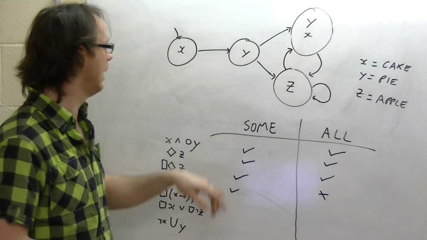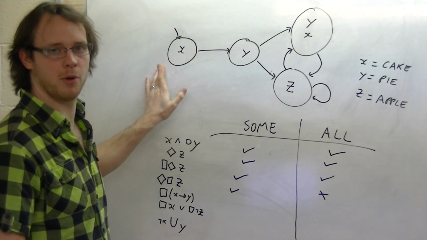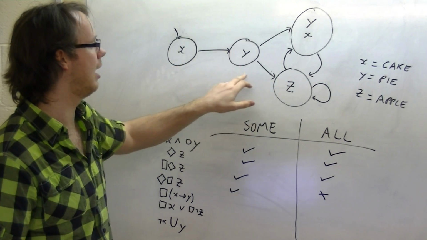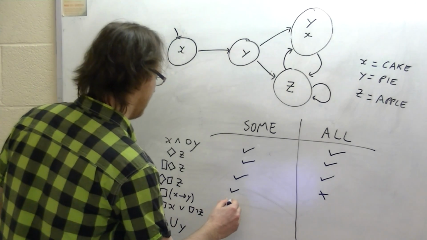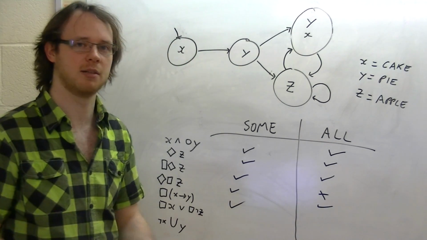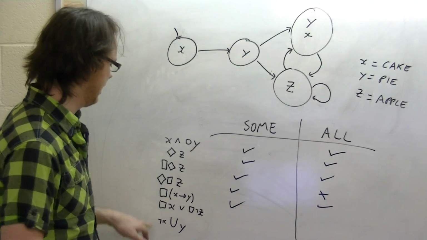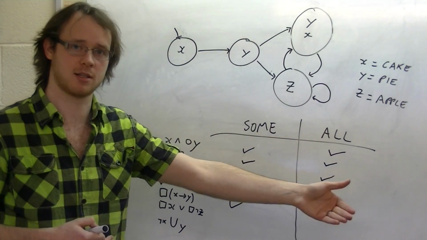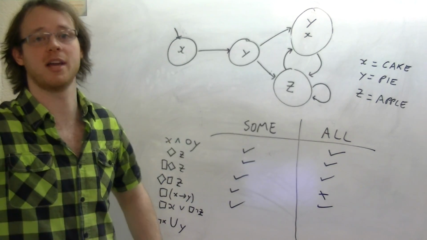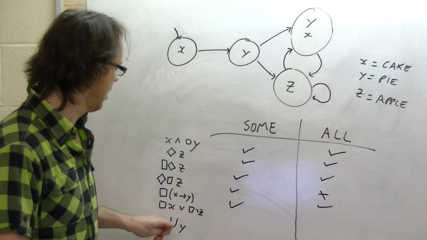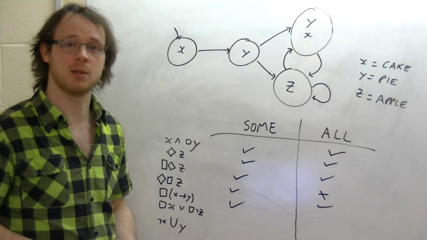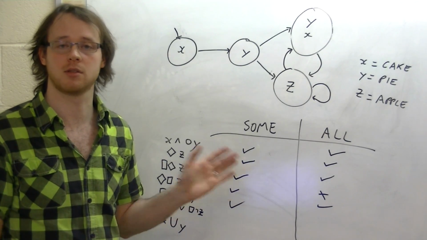Again, forever, and this is true in all paths because x implies y is true in all states. So this is quite easy. Maybe I should do some more difficult ones. This one says always we eat cake or always we don't eat apples. This isn't the same as always we eat cake or no apples.